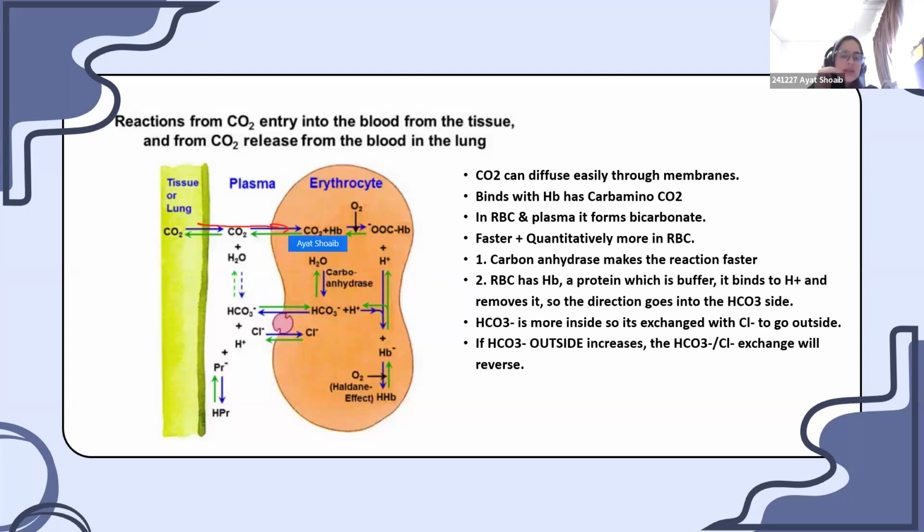When it goes into the erythrocyte or RBCs, they have hemoglobin, and hemoglobin is a protein. So what does it give you? It gives you carbamate. So CO2 plus Hb protein gives you COO minus, carbamate. Again, in both erythrocytes and plasma, you have H2O.